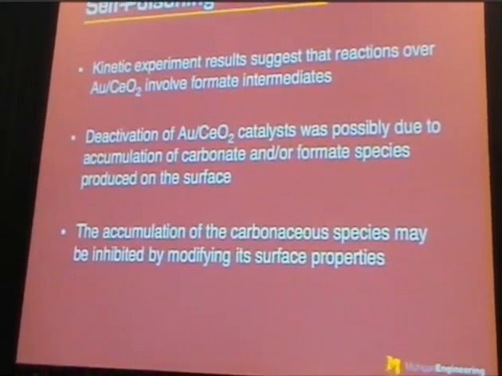Then what would be the best way to enhance the activity maintenance on the gold cerium oxide support? One of the strategies that we came up with was that the accumulation of the carbonate species may be inhibited by modifying its surface properties, such as the surface oxygen mobility.